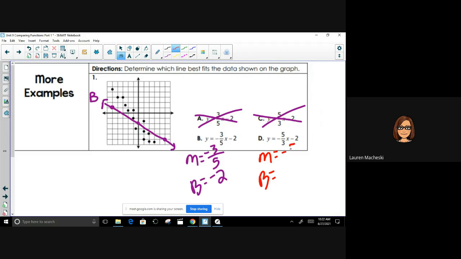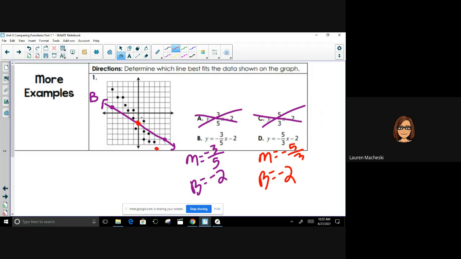So your slope on D is negative 5/3. Your y-intercept is negative 2. So put a dot at negative 2. What does the negative 5 in your slope tell you to do? Down 5, so 1, 2, 3. Down 5, right 3 would be right there.